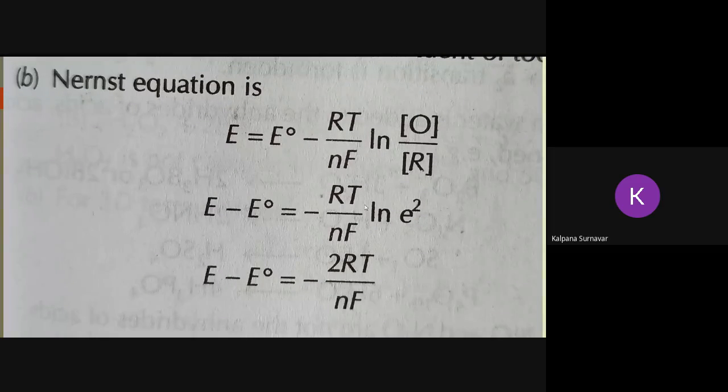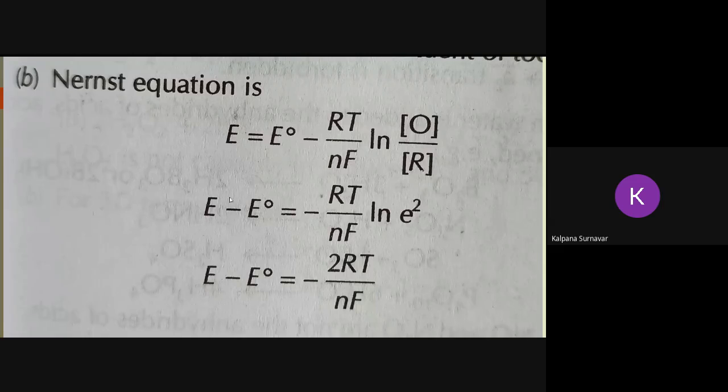The Nernst equation is E equals E standard potential minus RT upon nF. R means molar gas constant, T is the thermodynamic temperature, n means the number of electrons transferred in the reaction, F is Faraday's constant, which is equal to 96500 coulombs, into ln of the species which undergoes oxidation divided by the species which undergoes reduction.